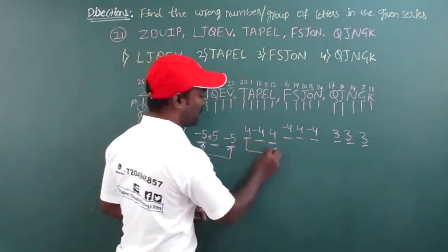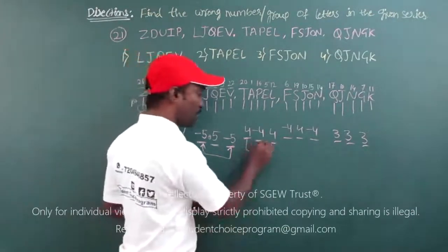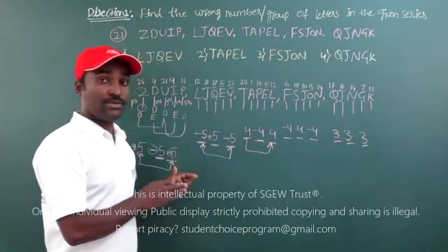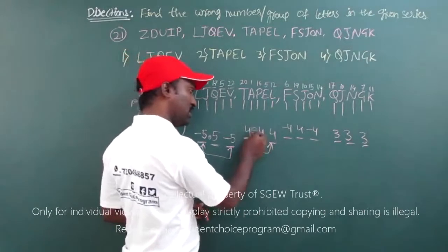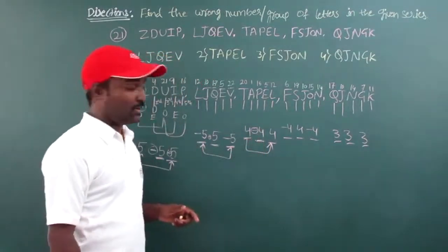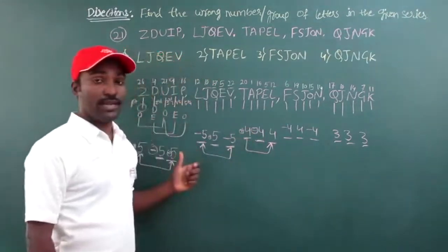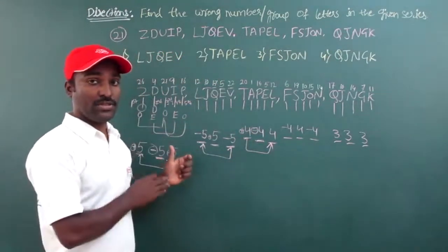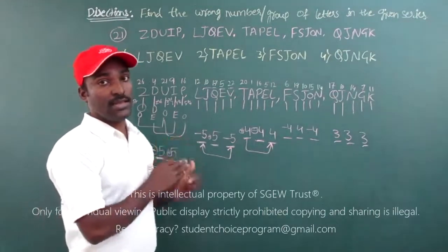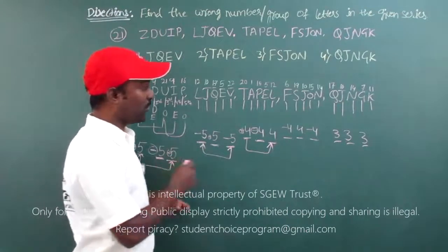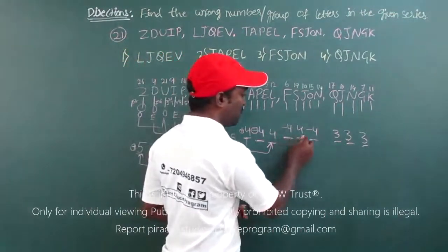These two differences are the same in value, and the even-position difference is the same value but exactly opposite in sign to the odd-position differences. Now moving to the next: here I have minus 4, minus 4.